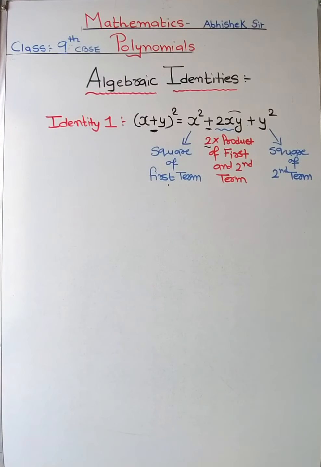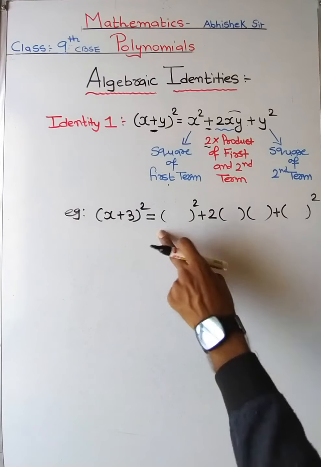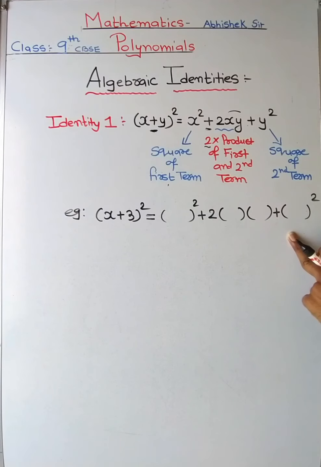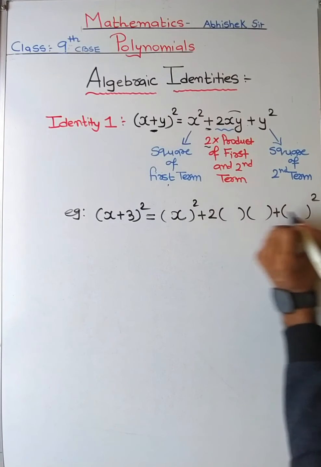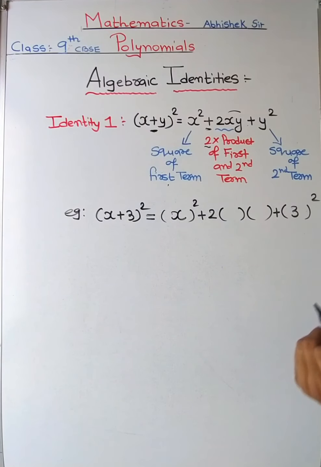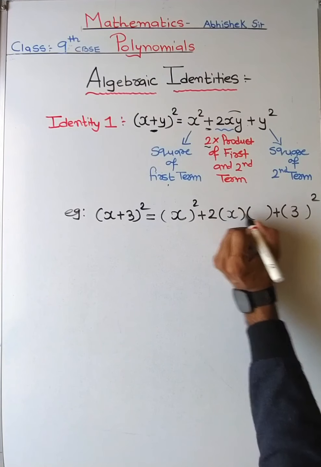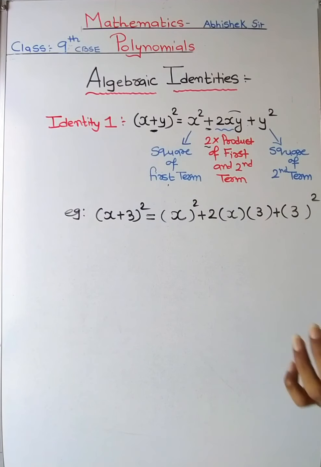Now let us see an example: (x plus 3) whole square. Solution: I am always doing it like this: square of first term plus 2 into first term into last term plus square of the last term. So this is how we are remembering it. Now just put the values. x is the first term, 3 is the last term, and we put both terms one by one in the middle term.